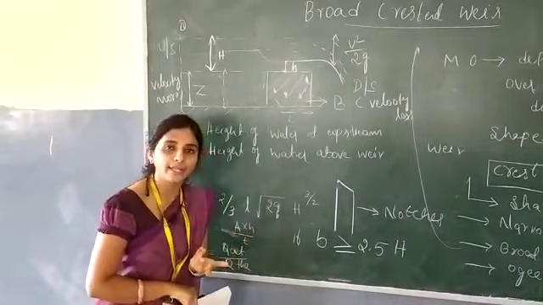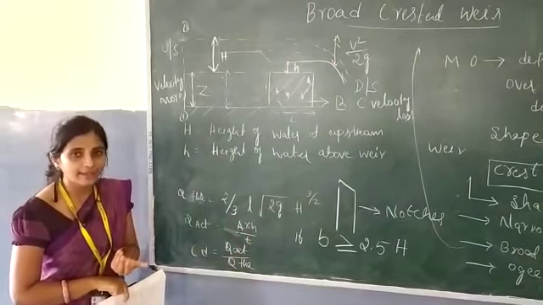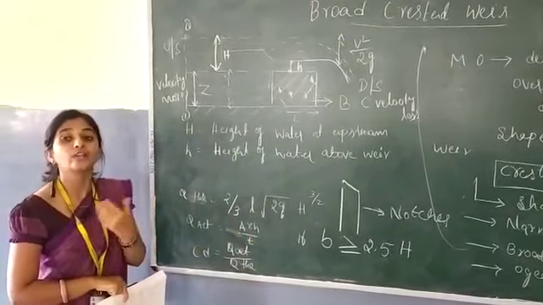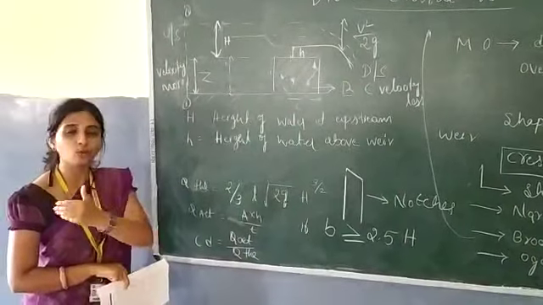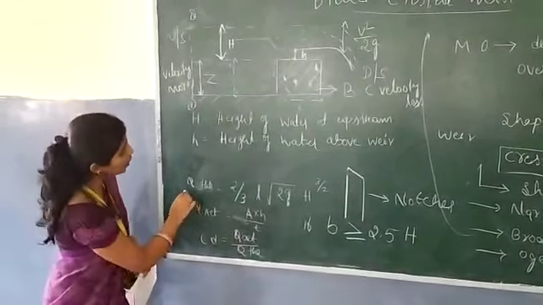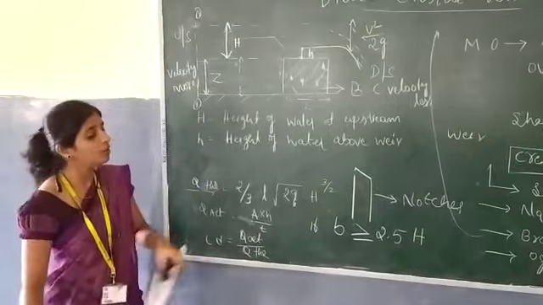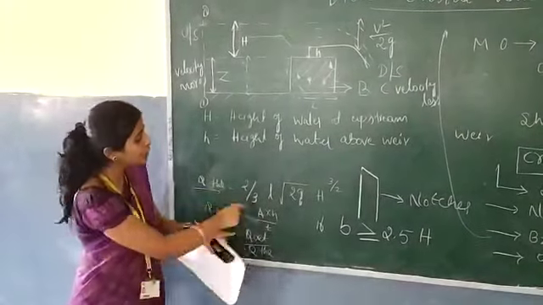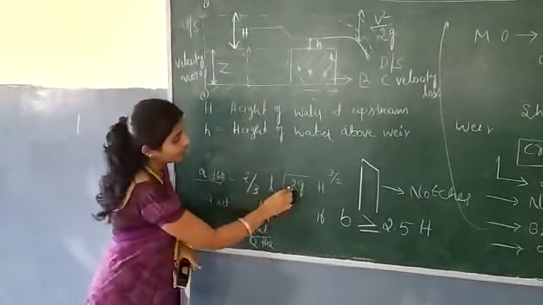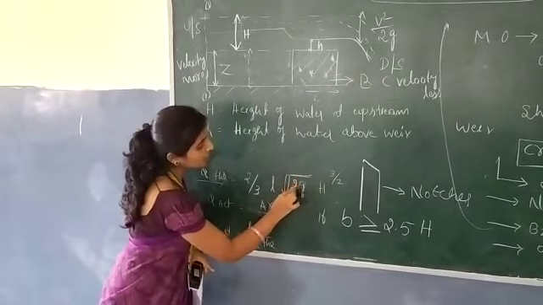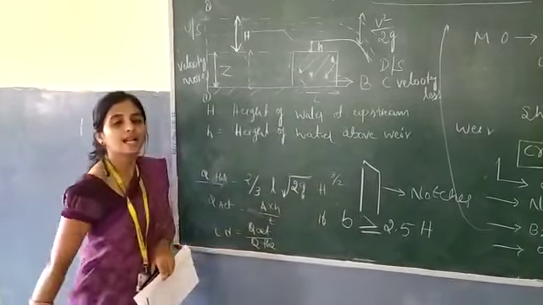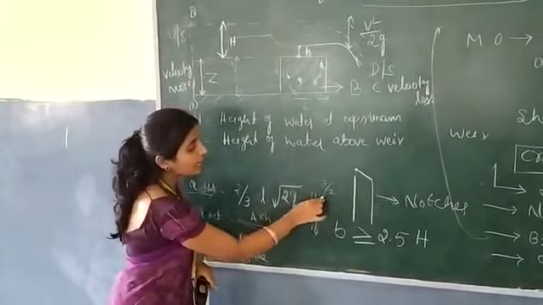When you are going for any particular experiment, we have the Q theoretical, that is the theoretical discharge, and also the actual discharge from the experiment. To find the Q theoretical, we have the formula 2 by 3 into L into root of 2g into h to the power 3 by 2.